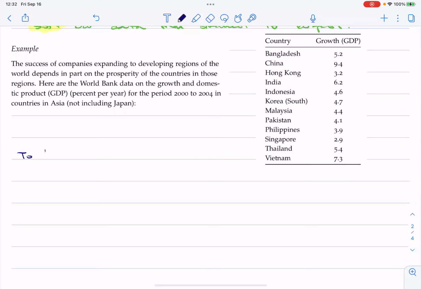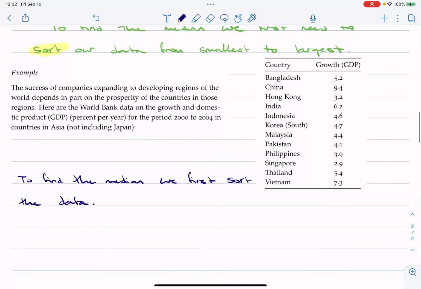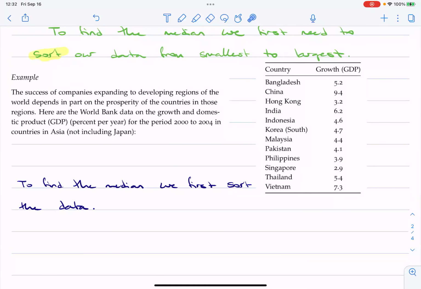To find the median, we first sort the data. It's going to be really helpful if we know how many data points we have, because you don't want to lose any as you go. So I'm just going to count: 1, 2, 3, 4, 5, 6, 7, 8, 9, 10, 11, 12. So I'll just make a note here: n equals 12.